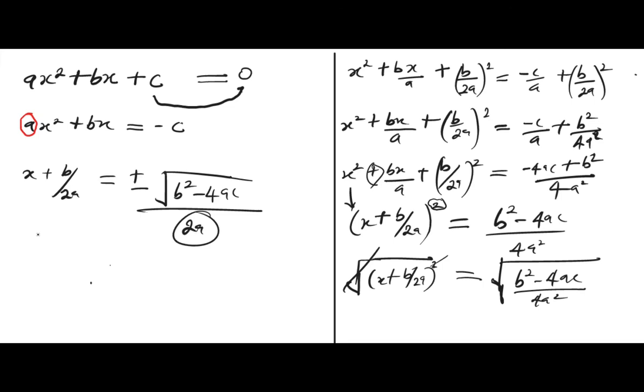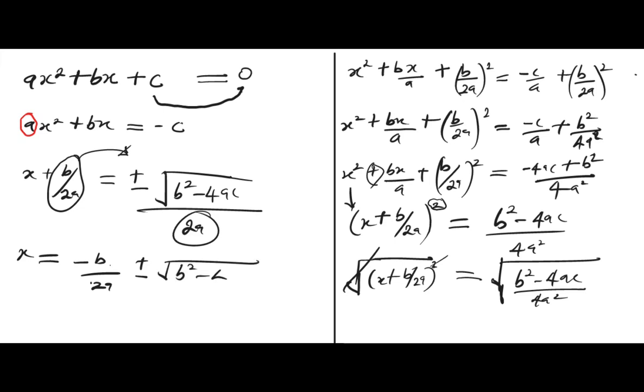Now the next thing is for us to take this across the equality sign. When we do that, we're going to have x equals negative b over 2a plus or minus the square root of b squared minus 4ac divided by 2a. Now if you notice, we have 2a here and we have 2a here, so we can have one common denominator.